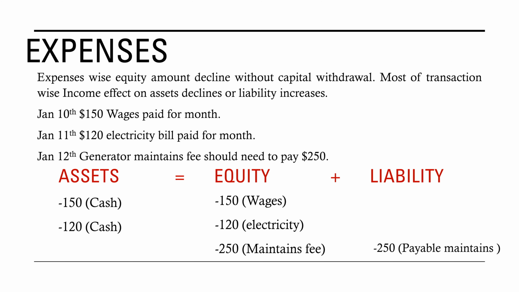It's the same as before, but we need to pay it in the future. Because we need to settle that amount at a future time, this is treated as an obligation. That is why it is under liability. The liability amount increases as a payable expense, a payable maintenance.